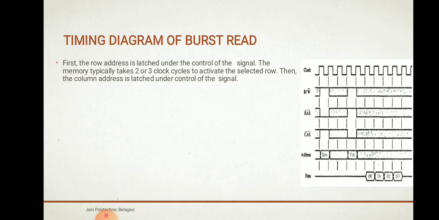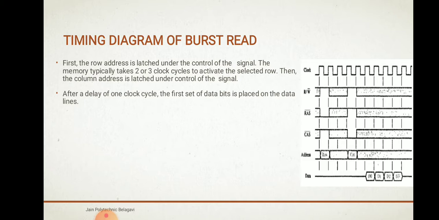Then the column address is latched under the control of the CAS signal. So once the row is selected, the column address is also latched under the control of that signal. After a delay of 1 clock cycle, the first set of data bits is placed on the data line.